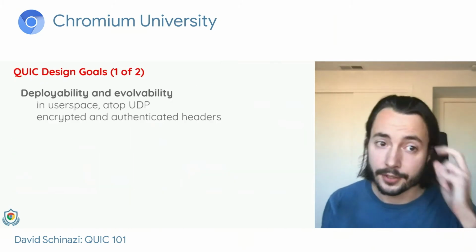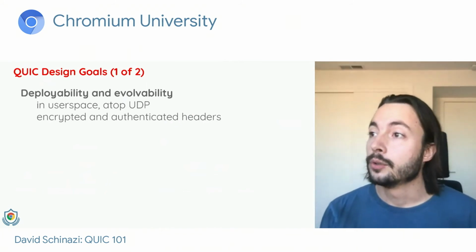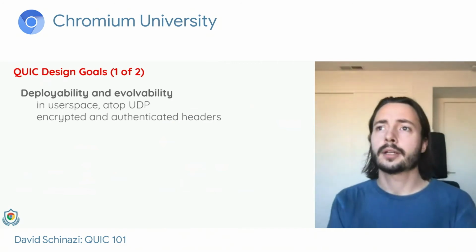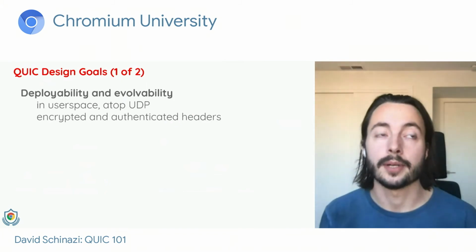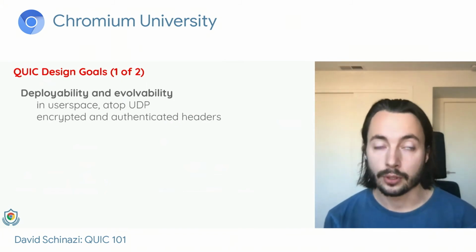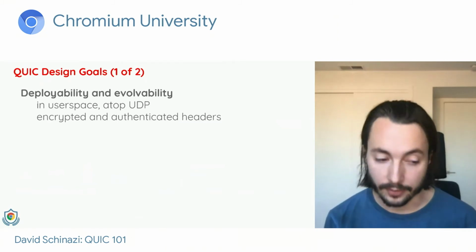Let's talk about some of the design goals along the way. One of the important properties of Quic was that it wanted to change the landscape in networking. One of the problems in networking is that it's really hard to evolve things when you have to modify many devices.